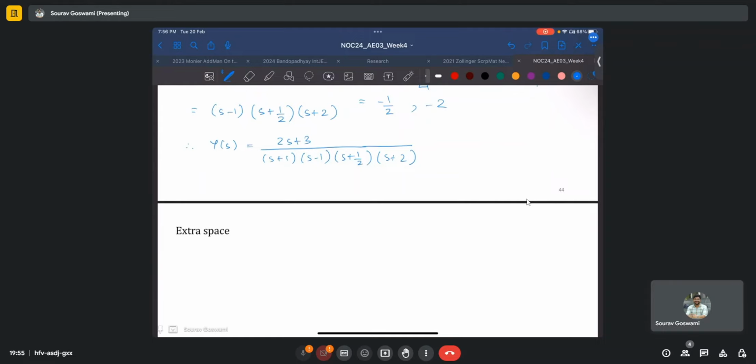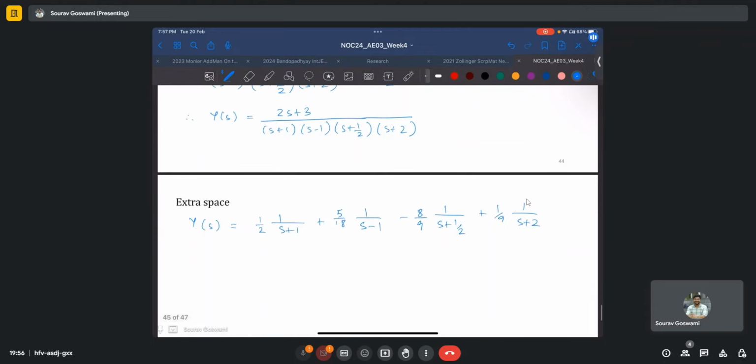But what I can tell you is that the final form of this will look something like half of 1 by s plus 1 plus 5 by 18 times 1 by s minus 1. Of course, it's a straightforward exercise if you use the cover up method. Minus 8 by 9 times 1 by s plus half plus 1 by 9 times 1 by s plus 2.